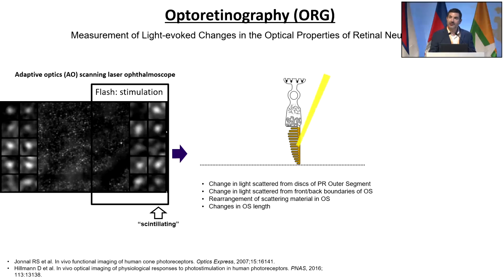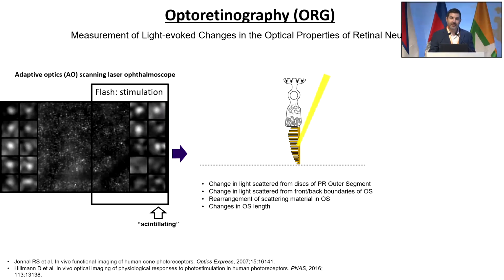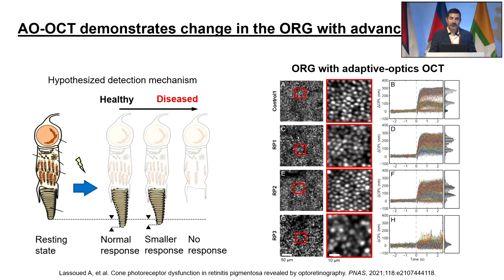So there are actually changes in the length of the outer segment, as well as changes in the light scattering. So initially there's a shortening of the outer segment, followed by a lengthening of the outer segment, and then a return to baseline.